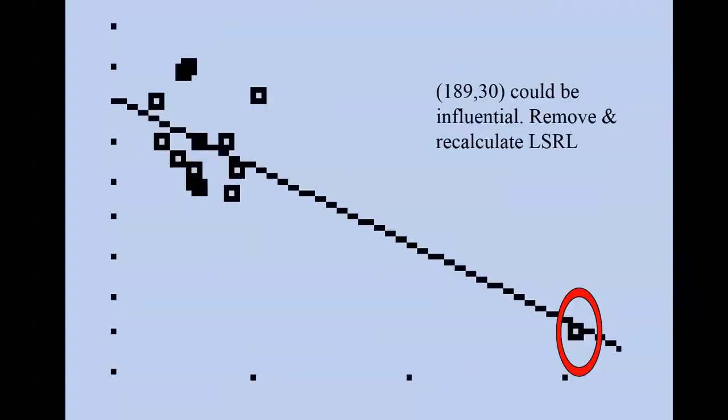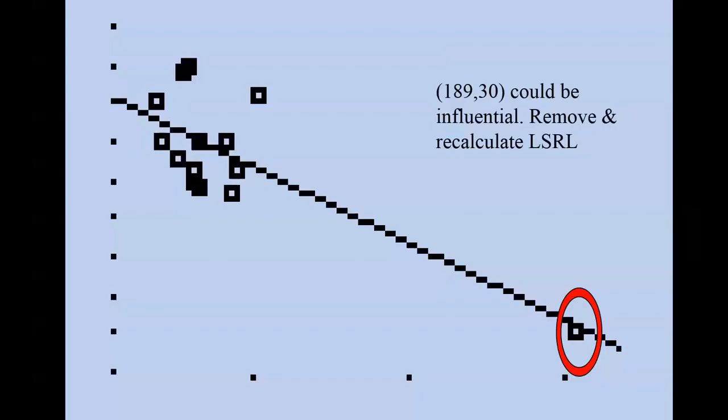It looks like there is one point way off the graph, somewhere down at 189, 30, that seems to not be with the other points. So if we take it away and redo the LSRL and it moves it a lot, then we get to describe that one single point as being an influential point.